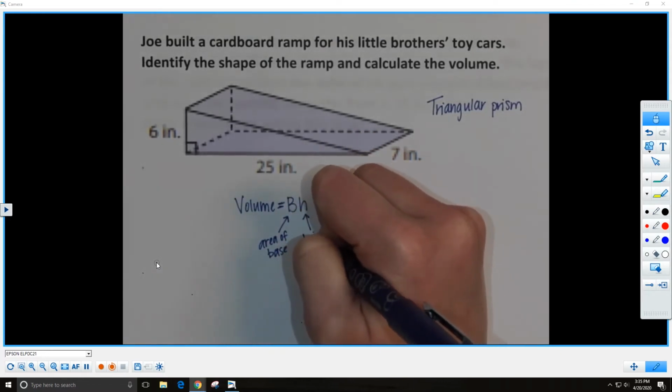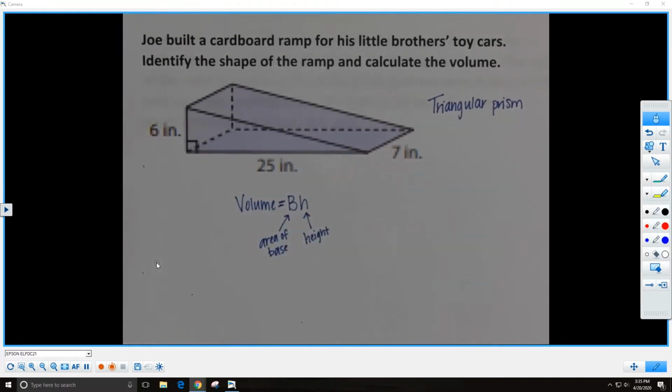Yep, h is the height. Cool. So the base here is in the shape of a triangle since it's a triangular prism. So if we're going to find the volume, we need to find the area of the base. So look back at your chart from earlier if you need it and write down what the area formula for a triangle is. Start there.